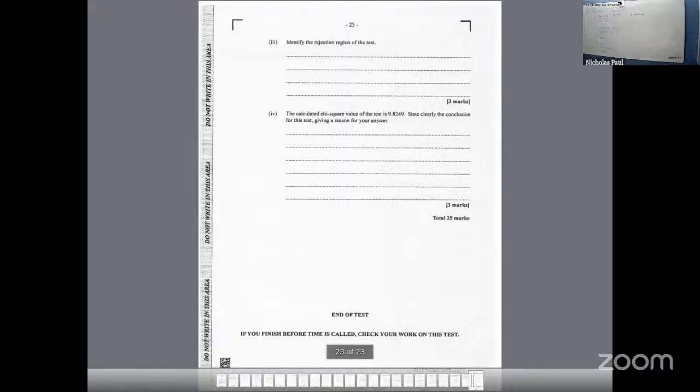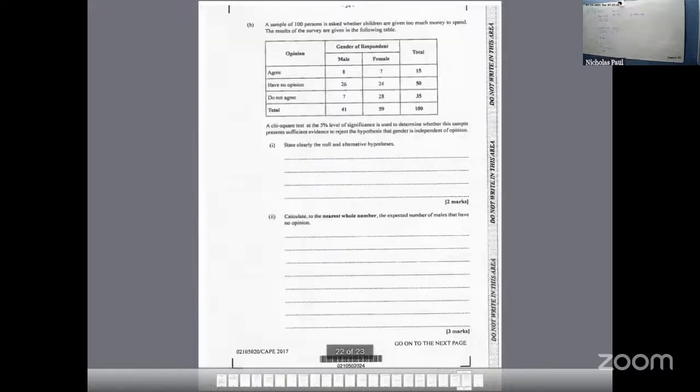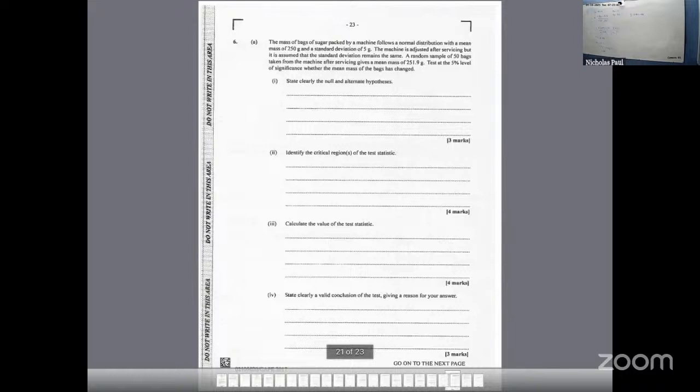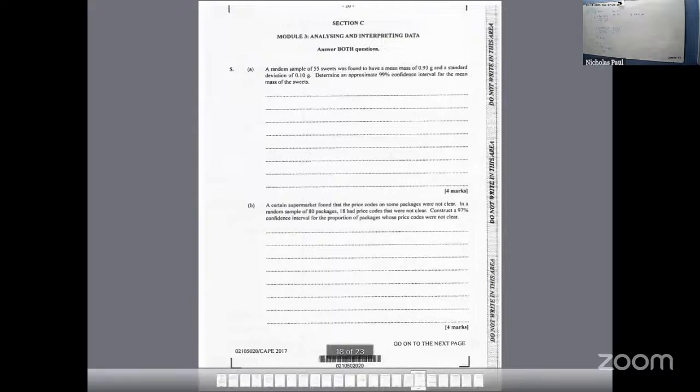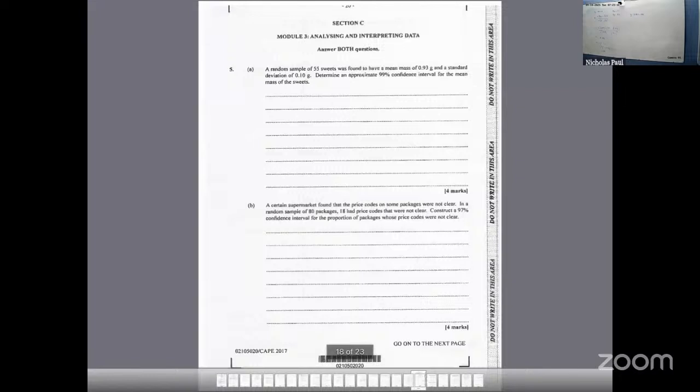Some years it will be a regression. Yeah. These years are okay.